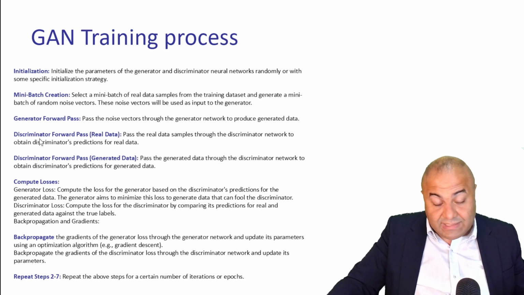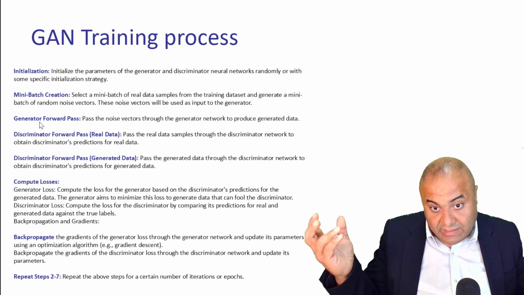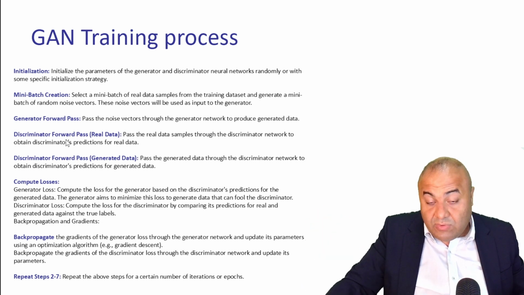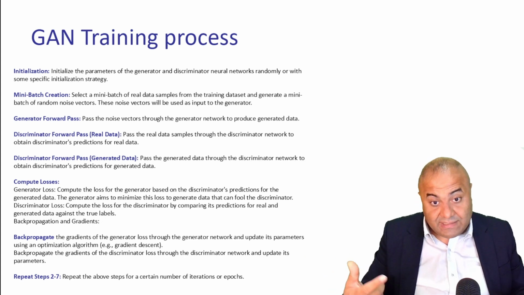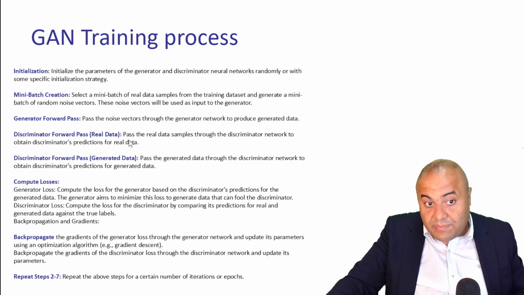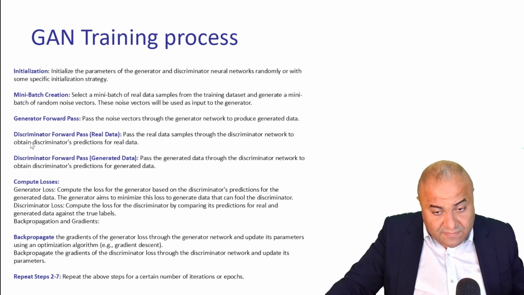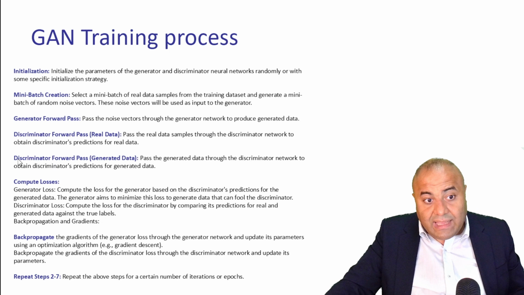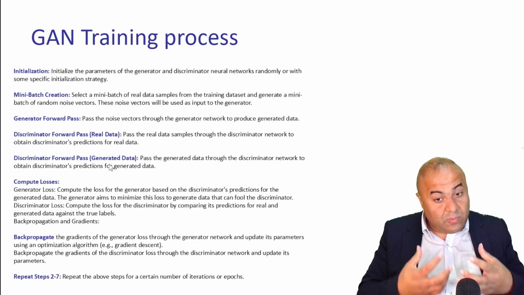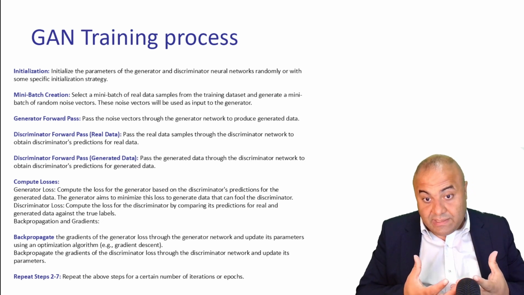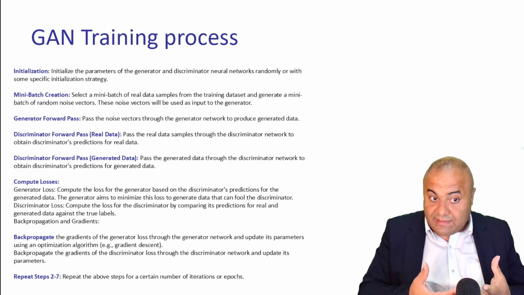Now, of course, at the beginning everything will be random. The generator will just generate randomly, and the discriminator will also have random decisions. First we run it on real data and see the discriminator's decision, whether it's correct or not, and save it. The discriminator also has another forward pass, but now we use the generated fake data and see the results.